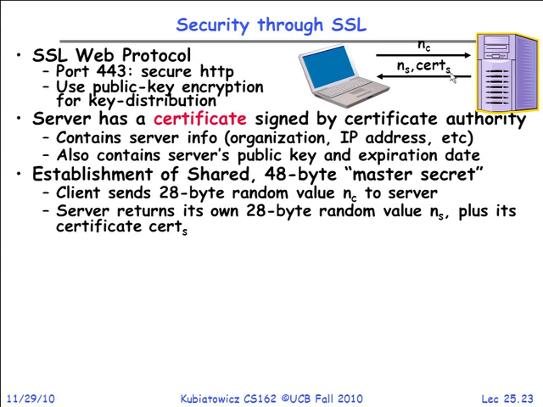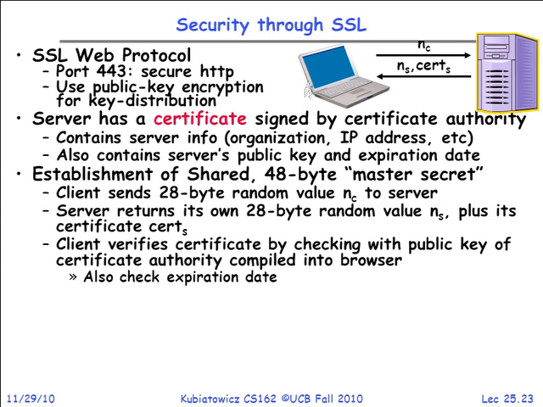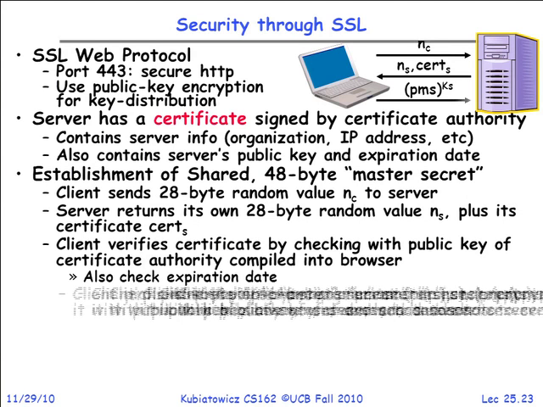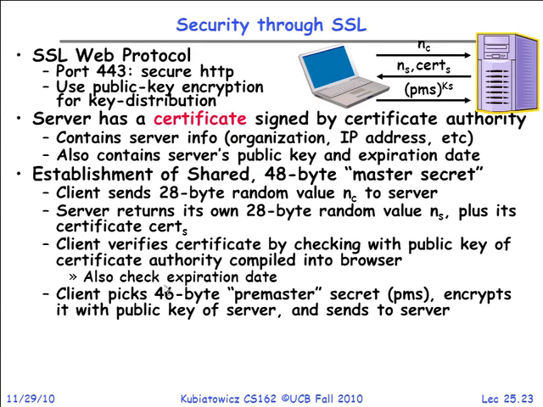Then, now that this client gets the certificate, they can check the public key, and they can start encrypting things now that only the server can retrieve. So at that point, and by the way, I didn't make this up, this is SSL, they pick a 46-byte secret, which they encrypt with the public key and send it back to the server.